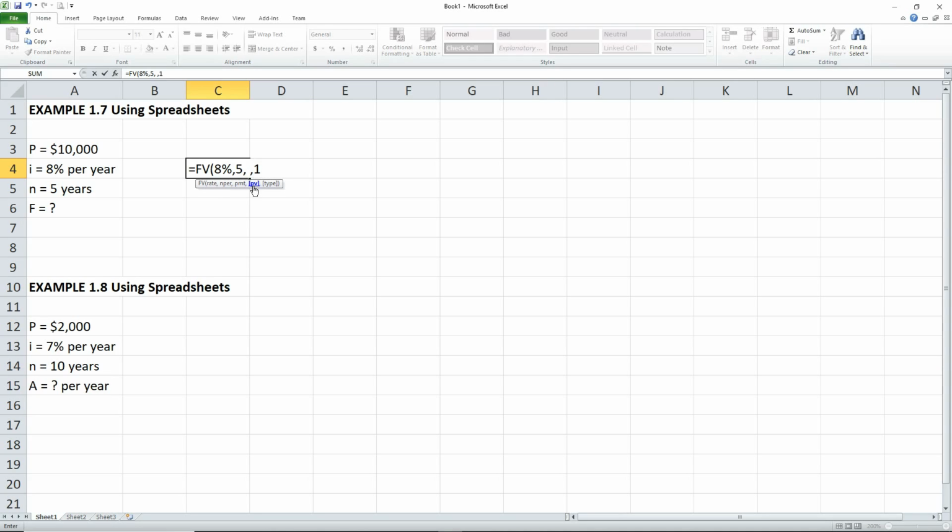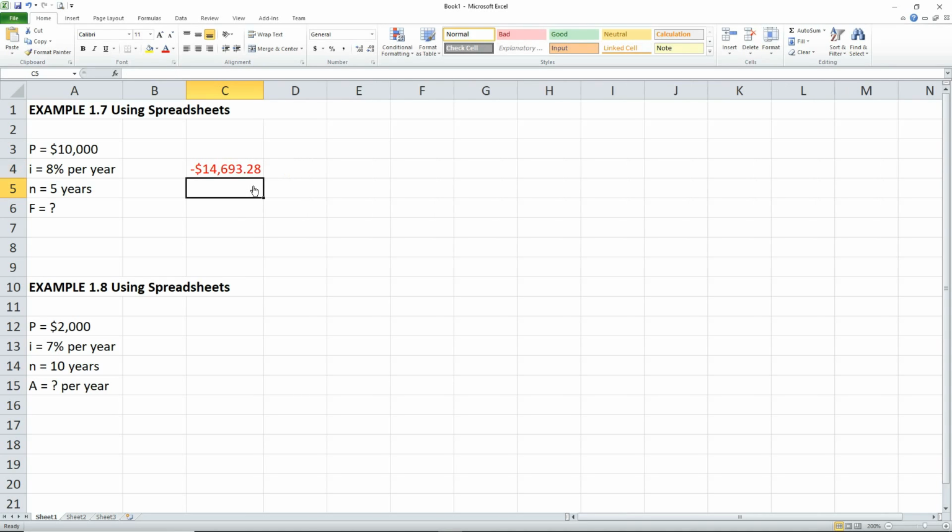The way you're going to enter it here is without using a comma to separate your thousands, because if you enter a comma, it's going to think that you're jumping into the next parameter, and we do not want that. So just put the 10000 without any commas for the thousands. We're not going to be using the type 1, so you just close it here. That's what your formula will look like.